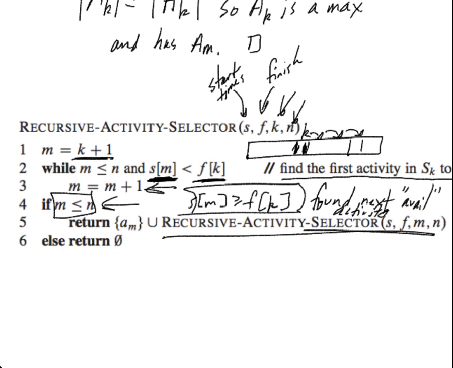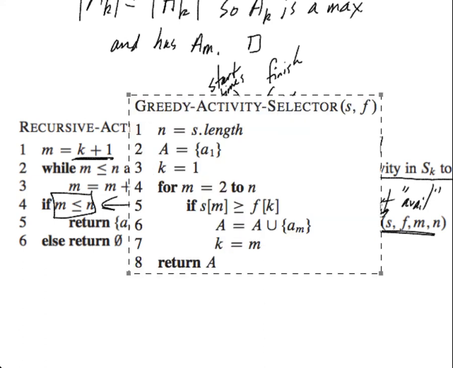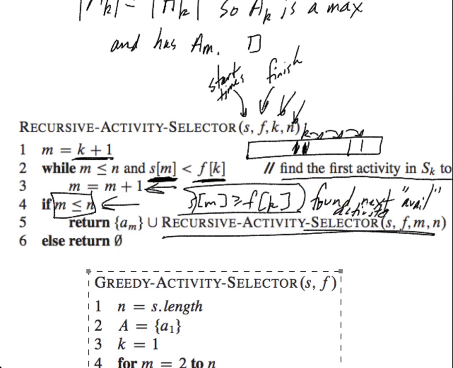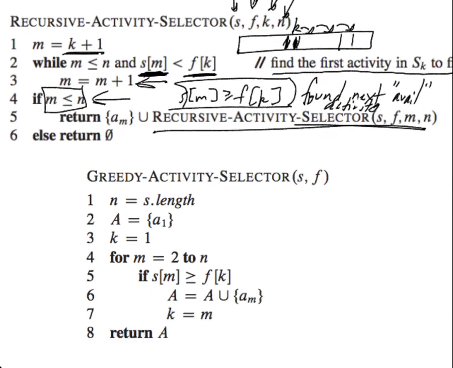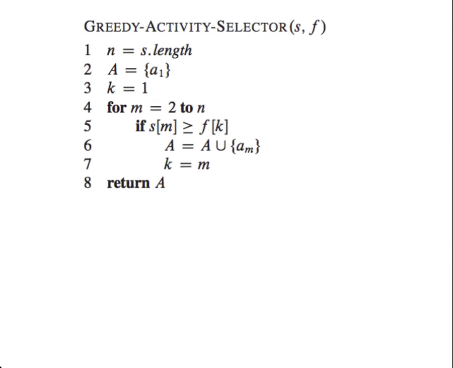But the nice thing about greedy algorithms is we can have iterative formulations. And here's the iterative version. We start with k equals 1. We're going to iterate to the end of the array. If we find one that starts after the current activity finishes, then we go ahead and add that one, update our current activity, and we're done.